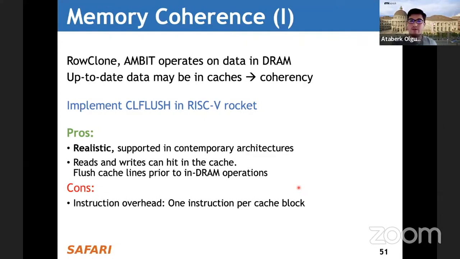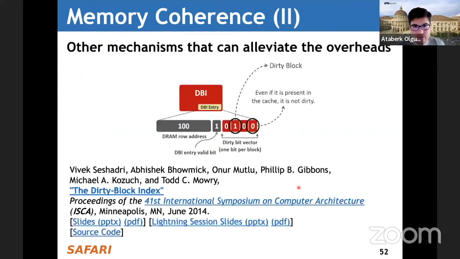This is what we implement in PyDRAM, but there are other mechanisms that can be studied in the future using PyDRAM. One mechanism, dirty block index, I will briefly describe. It helps us alleviate the instruction overheads of the memory coherence management operations, or CLflush operations, by keeping track of the cached copies that belong to a DRAM row.